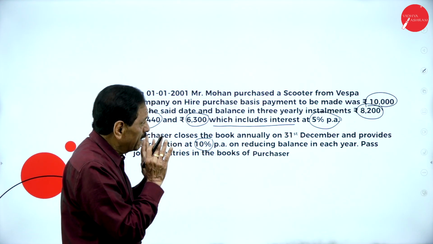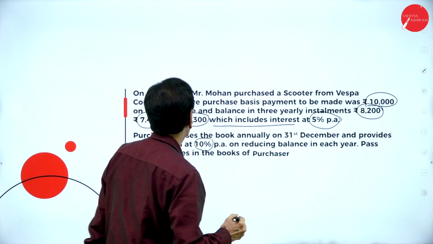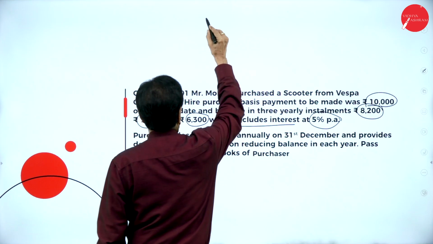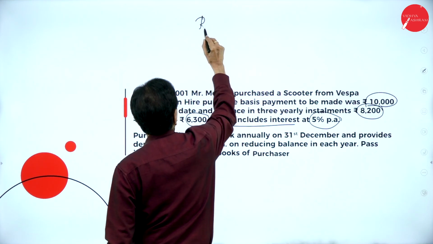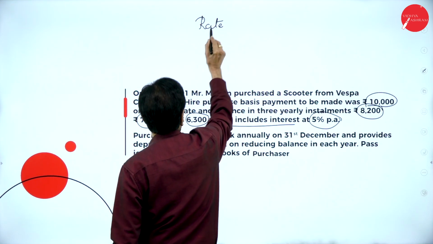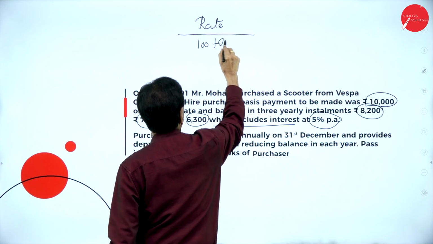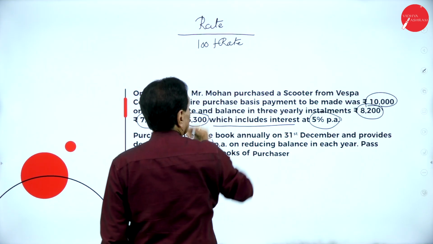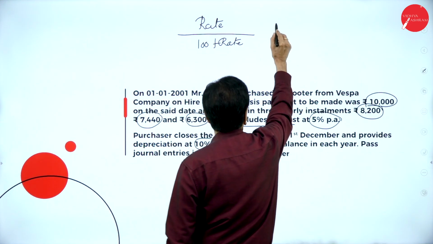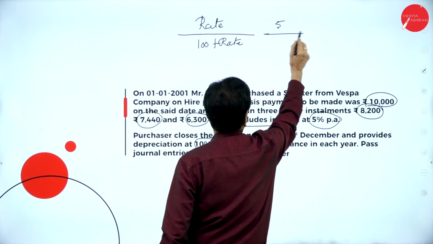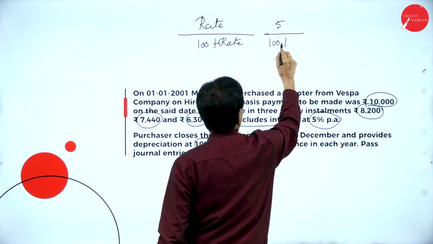So here interest includes means you have to use rate divided by 100 plus rate. This is important. Your rate is how much? 5 divided by 100 plus 5.